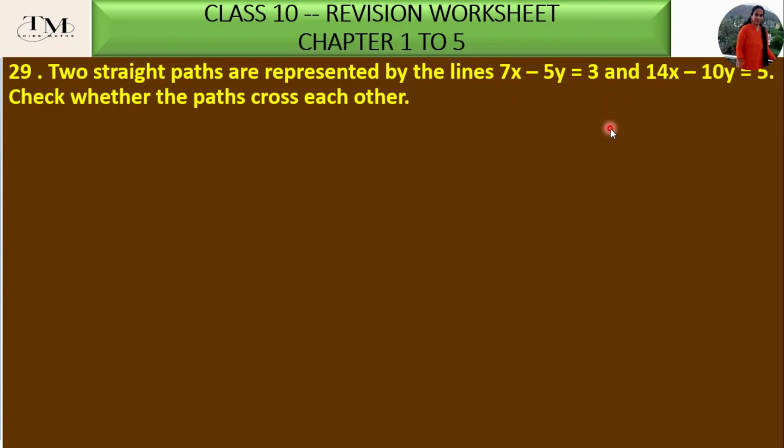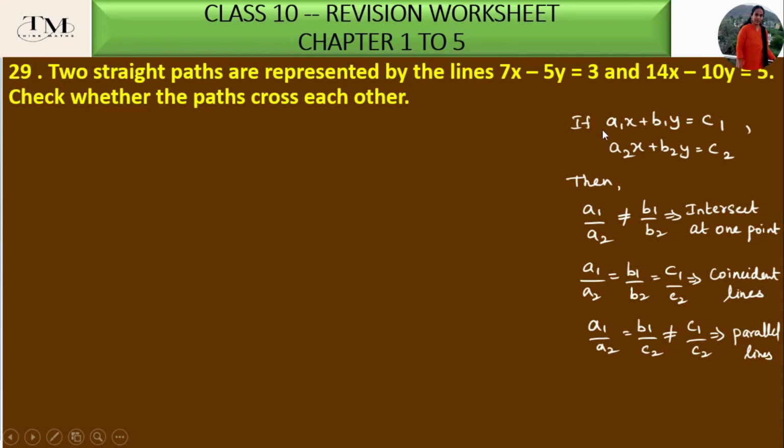So we know the condition for a pair of linear equations. A1x plus b1y equal to c1 and a2x plus b2y is equal to c2. We have three types of condition. If a1 by a2 is not equal to b1 by b2, then these two linear equations will intersect at one point.